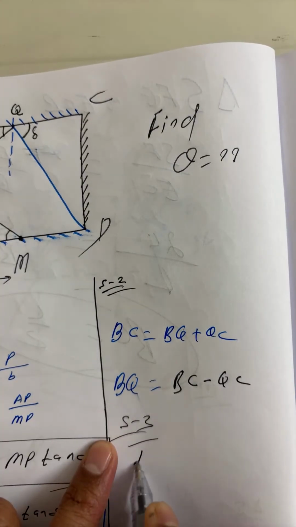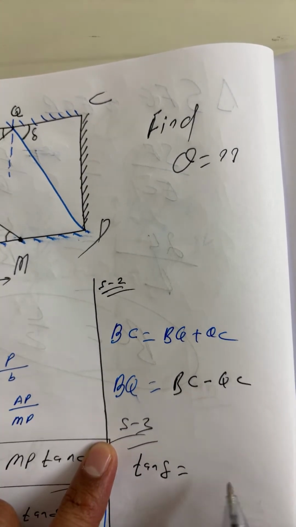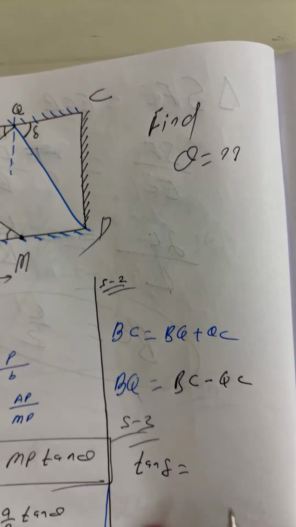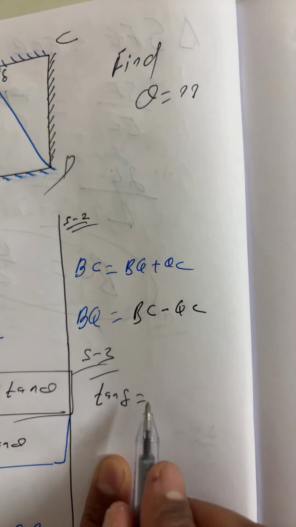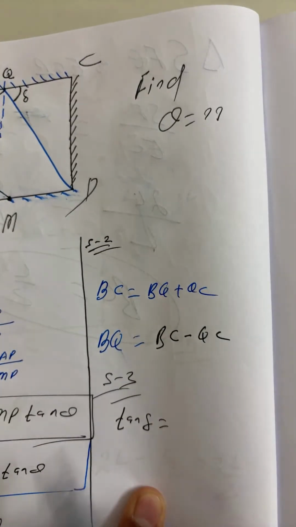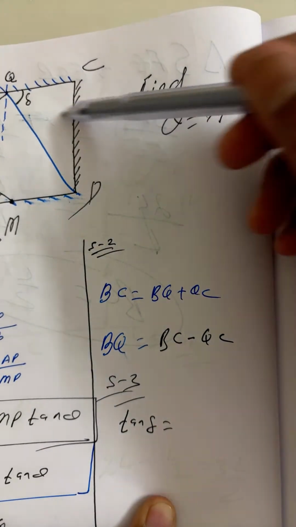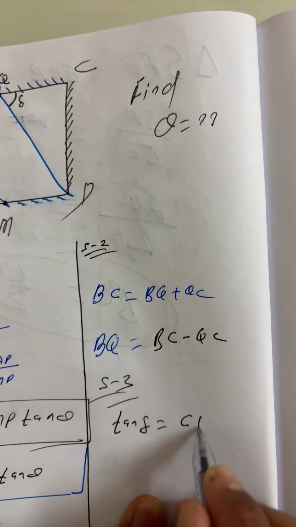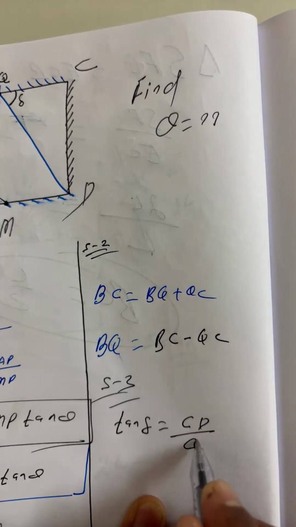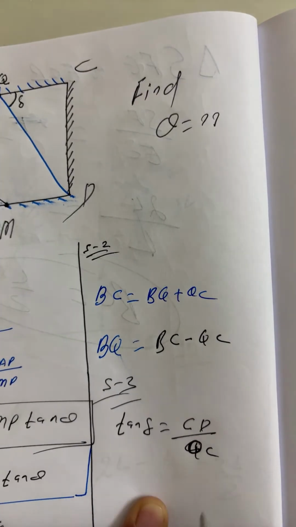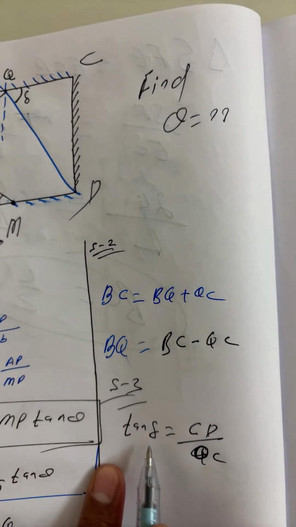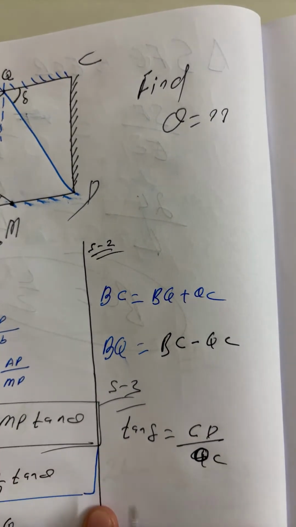So you can write tan delta, both are equal. Tan delta is the perpendicular over the base. You can see in the diagram this is CD, the perpendicular, and this is the base QC. So it is CD by QC, and tan delta is the same as tan theta.